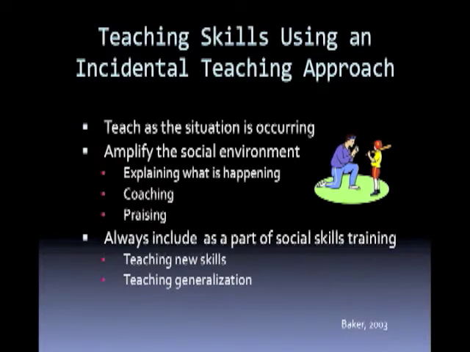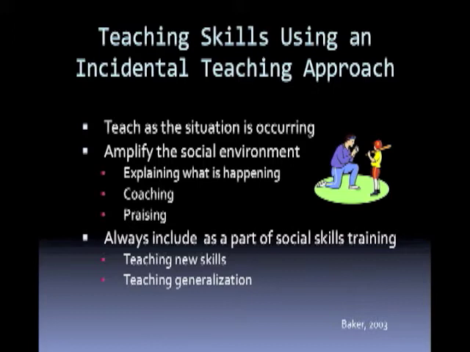So it says that naturalistic teaching strategies are effective strategies for working with individuals with autism. So we can use our visual rule, and we can break it out and use a strategy like incidental teaching to be able to teach the individual we're working with to use this visual rule.